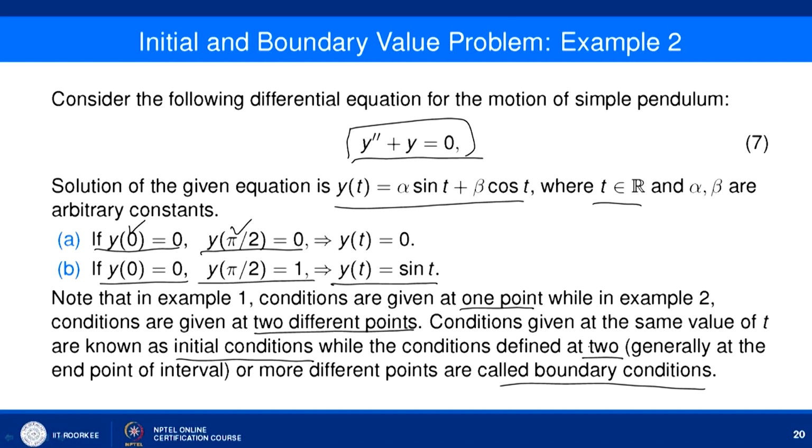Here these 2 points are generally the endpoints of the interval. So the conditions defined at 2 points, generally at the endpoints of the interval, or more different points, are called boundary conditions.